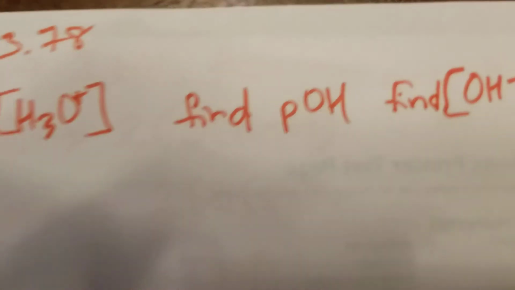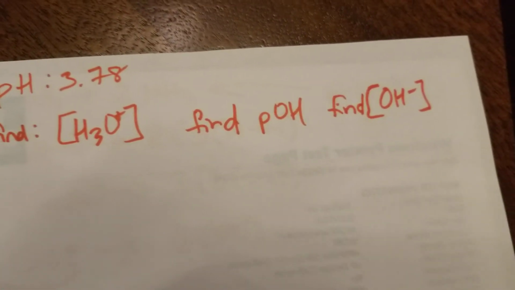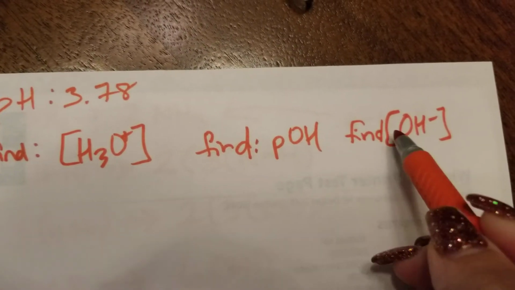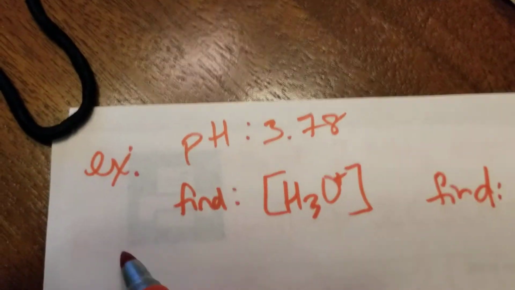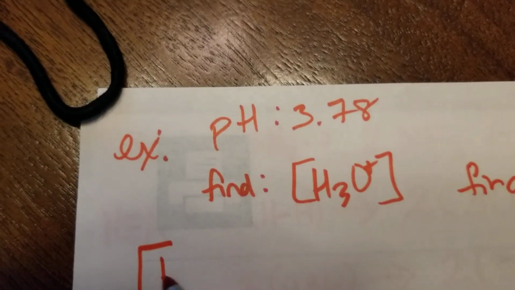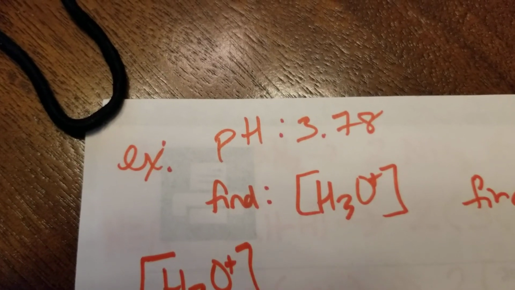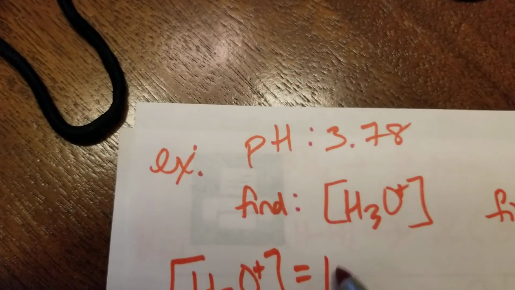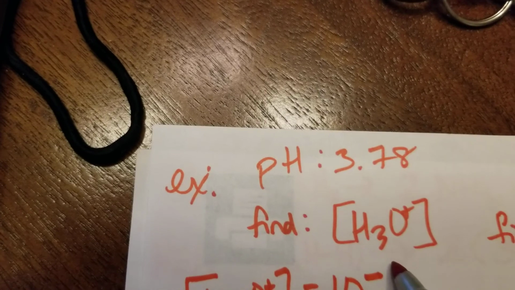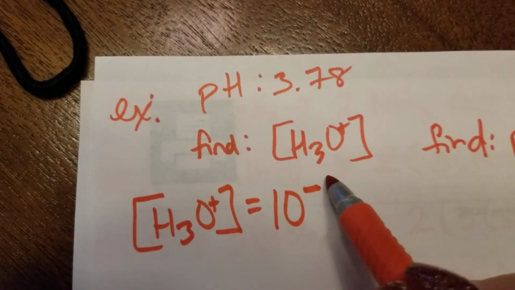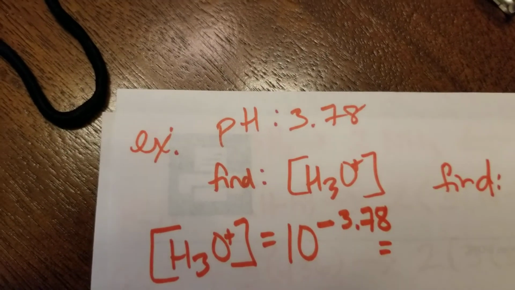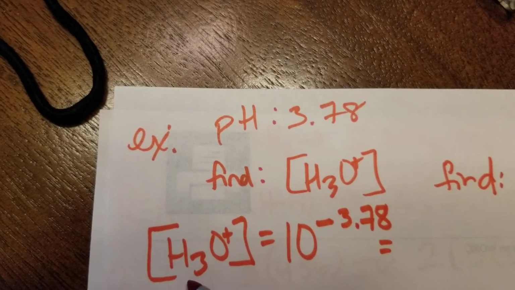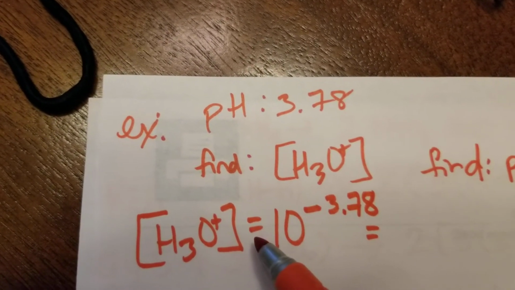How are you going to do that? You're just going to use those formulas. So remember, if you have the pH and you want the concentration of hydronium ions, you just go 10 raised to the negative pH, which is 3.78. That's going to give you the concentration of H3O plus.